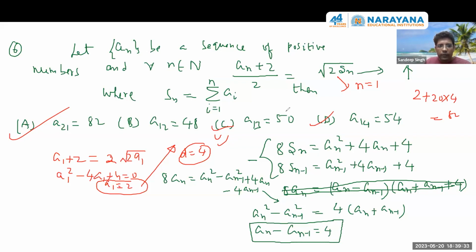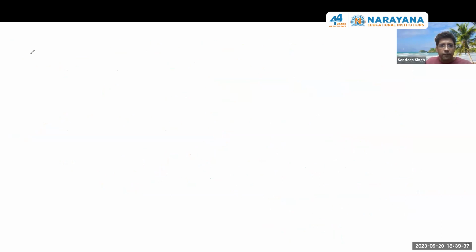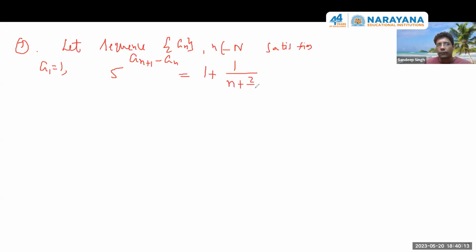Okay, so understood this? So now let me give you another problem. Number 7. So write this. Again, read that. This is a multi-correct problem, with 5 power a_{n+1} minus a_n.